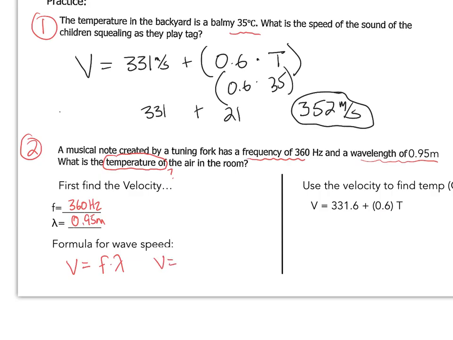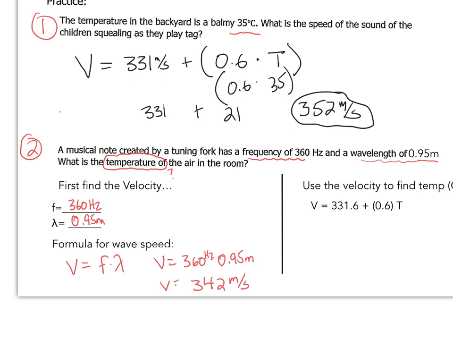So this sound wave would travel at 360 times 0.95, meters times hertz, and the final answer comes out to be 342 meters per second. Okay, so that's, again, faster than 331, but that's actually very average.